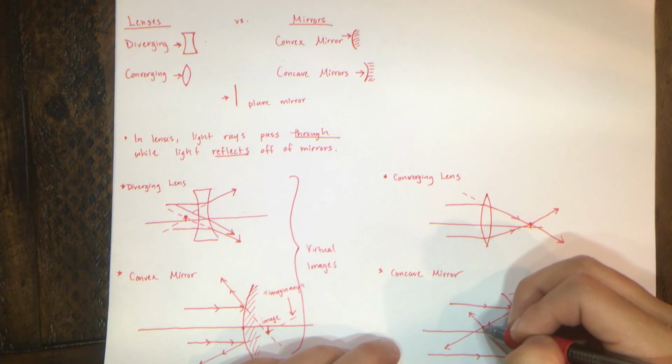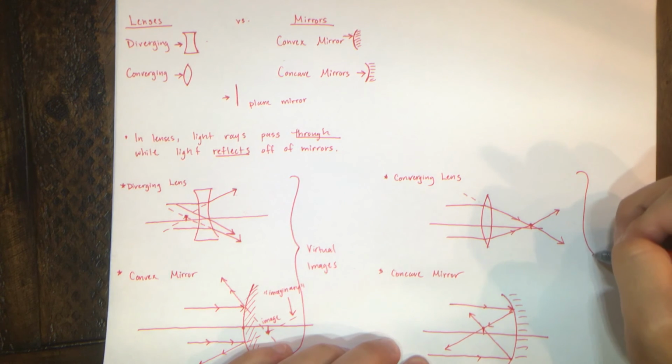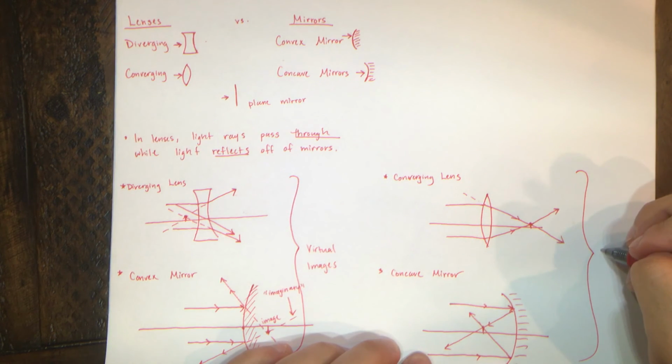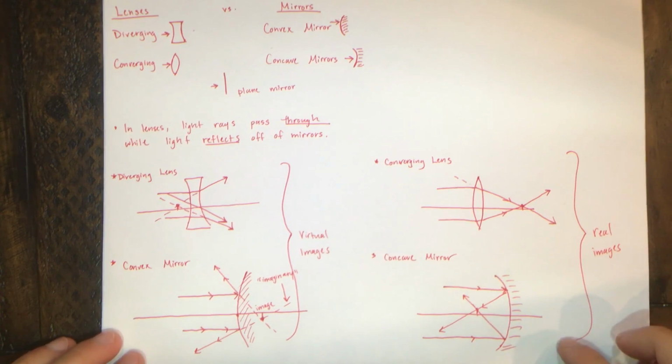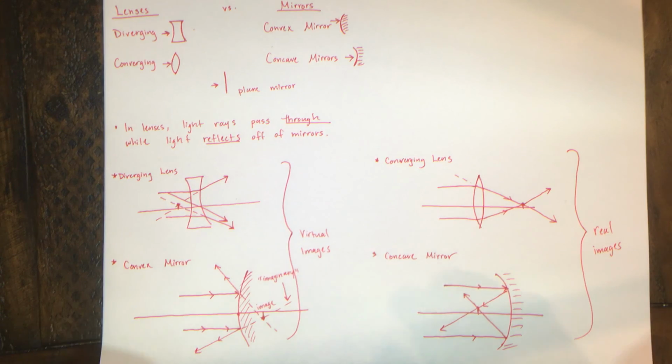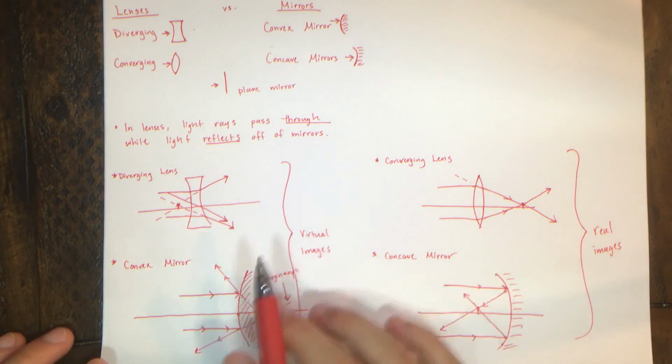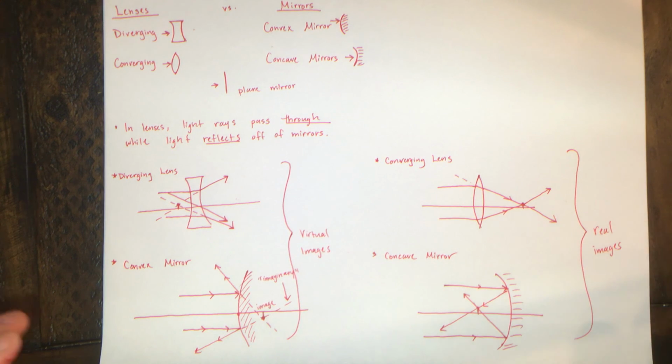Then where they intersect is this image. Now we know that these are real images, because we don't have to draw these dotted lines going backwards to find a virtual image. And that's basically the difference between these two, and that's a concept that I think is really important that you should keep in the back of your minds.